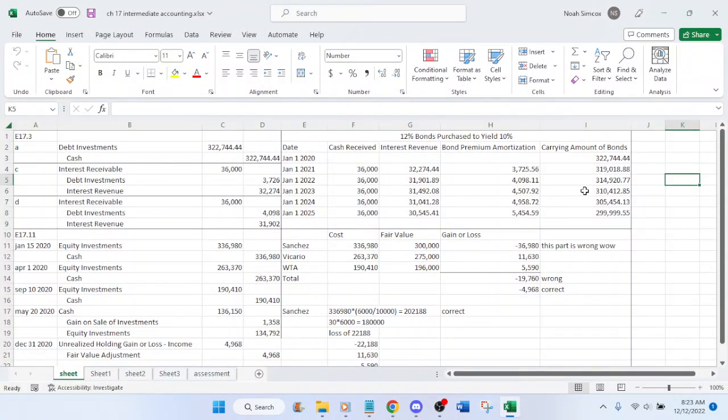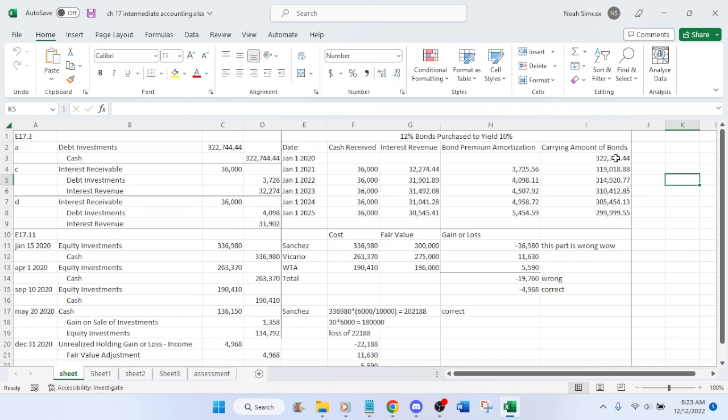Well, it wasn't quite correct. First of all, my numbers were slightly off here. I don't know how that happened, it was like a rounding error. But secondly, the book is dumb because they give you this number, which is not quite the right number.